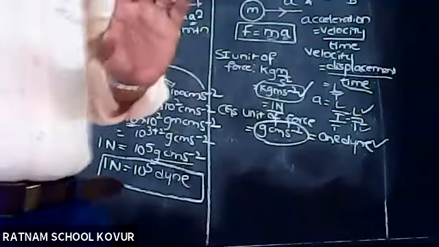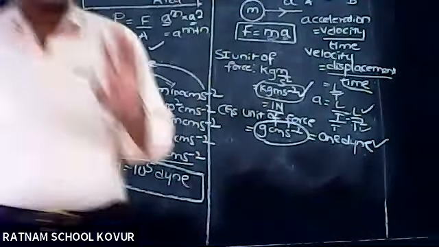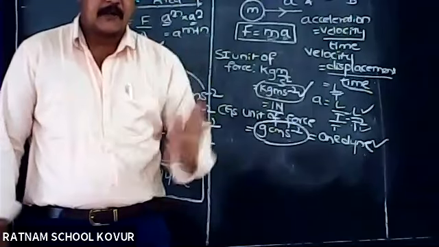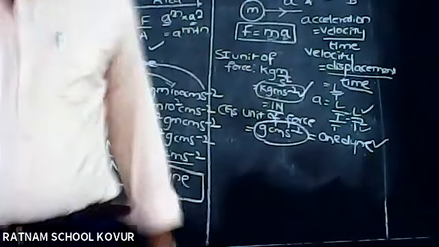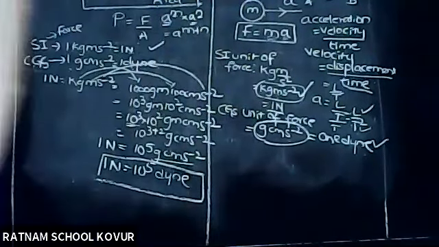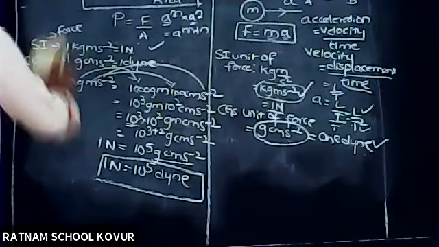So remember, SI unit of force is Newton. CGS unit of force is dyne. Based on that, we are going to write the units for pressure.